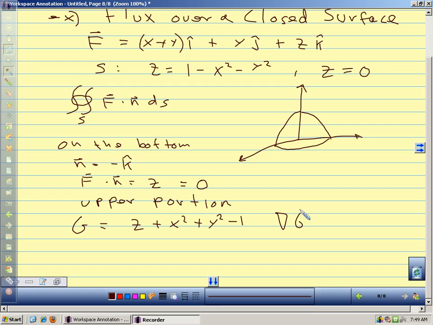Del G is 2xi plus 2yj plus k. F dot del G gives us, when we do our dot product, I'm going to multiply and simplify all at once: x squared plus 2xy plus y squared plus 1.